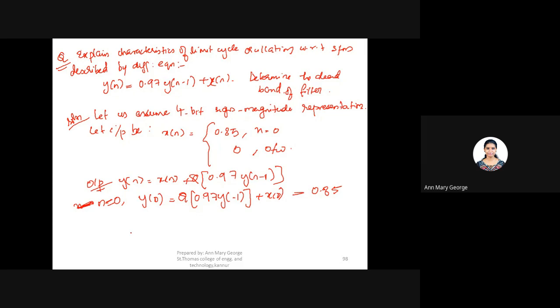Then when n equal to 1, y of 1 can be written as q of 0.97 y of 0 plus x of 1.